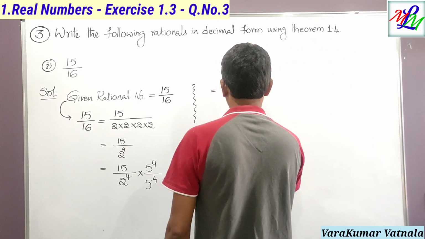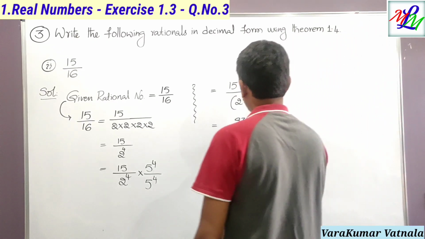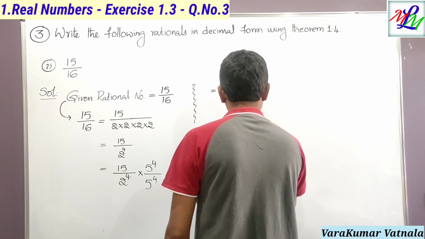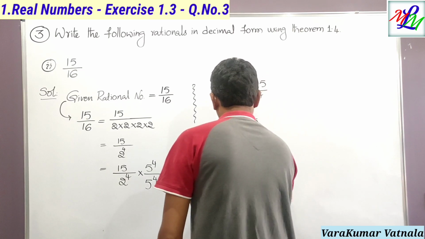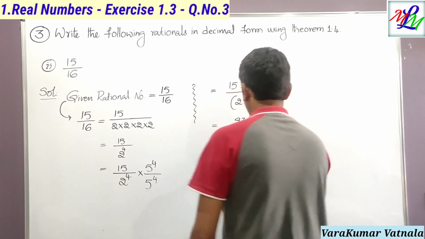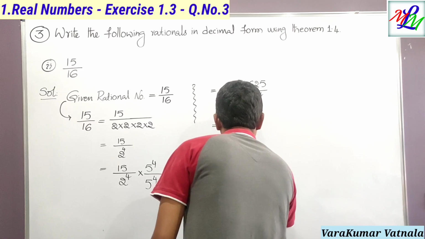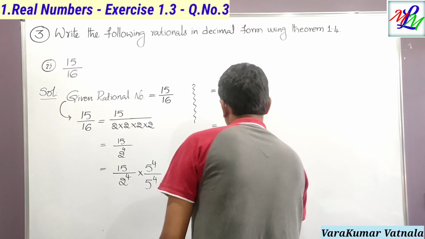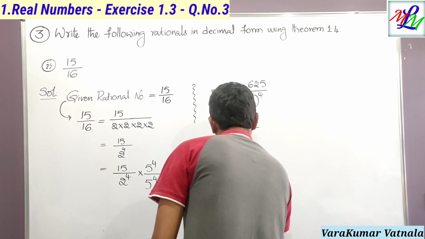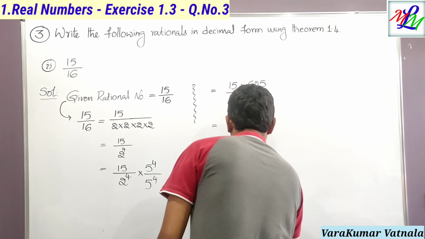So now we have 9375 divided by 2 into 5 is 10, so 10 to the power 4. So now 9375 divided by 10 to the power 4, which is 10,000, student. So the decimal form is 0.9375.